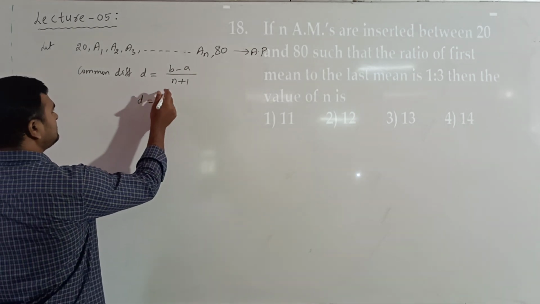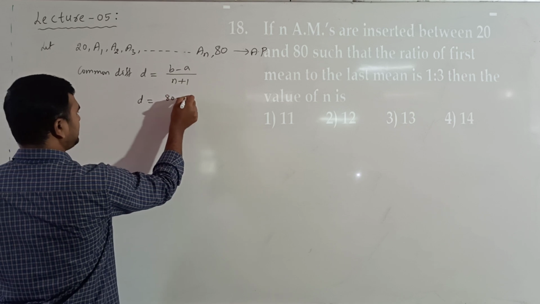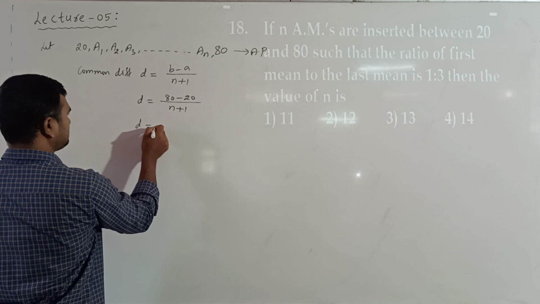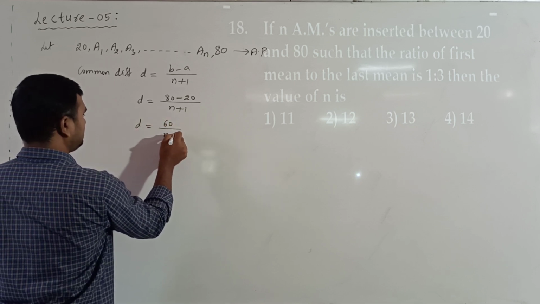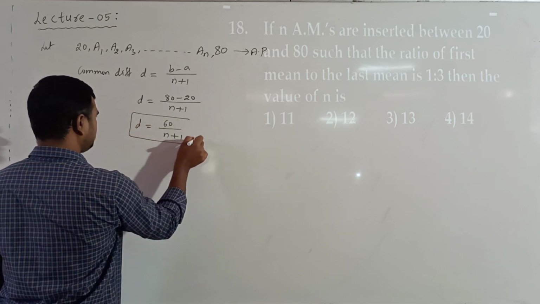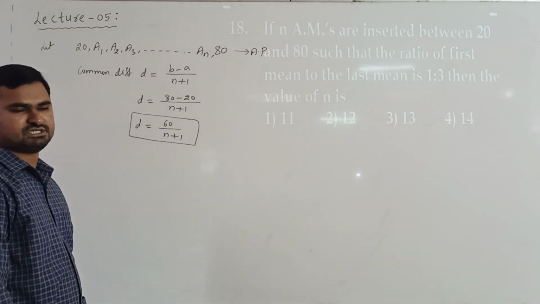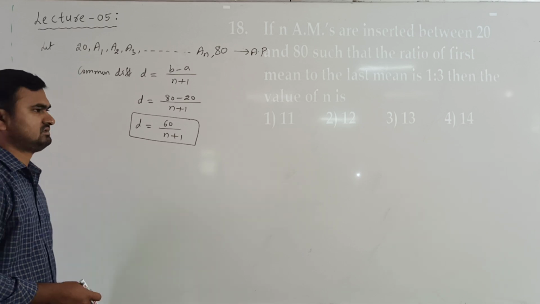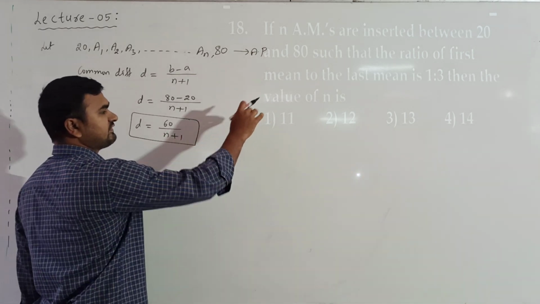So d is 80 minus 20 divided by n plus 1. So the common difference is 60 divided by n plus 1. Now we will use this for finding the n value.